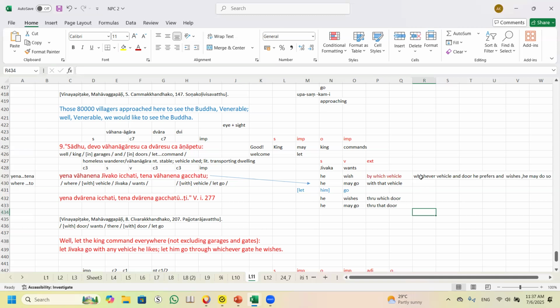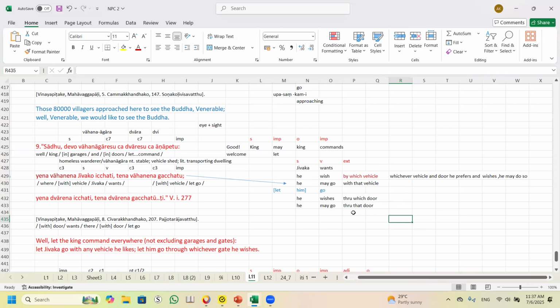Something like that. I think it's more or less there. Instead of putting it in this way, it can still be made better. Whichever vehicle and door he prefer and wish he may do so. So technically these are the things.